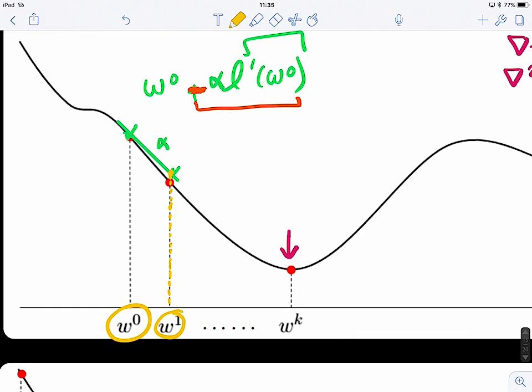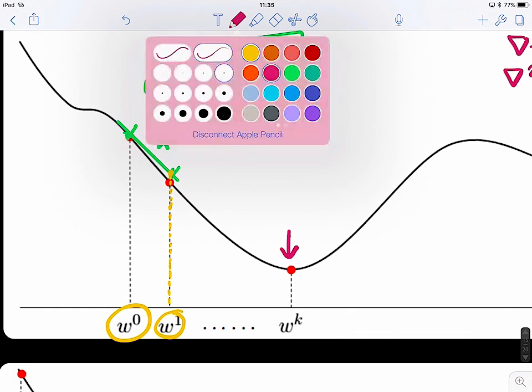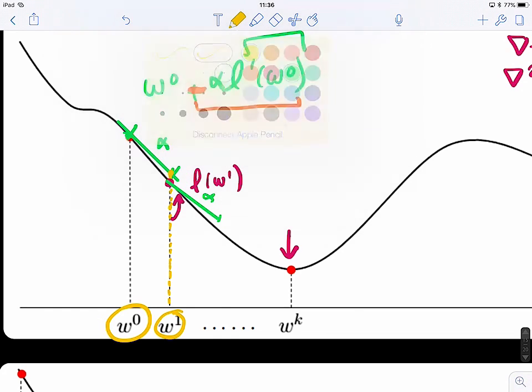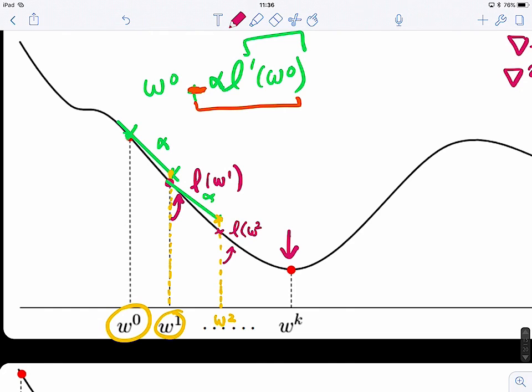So I'm minimizing my loss. Then I hop back onto my loss. I take this point, so I compute L of W1, and then compute the gradient again, maybe something like this. Take the same step alpha, and I find this point right here. Project it, then I compute L of W2.